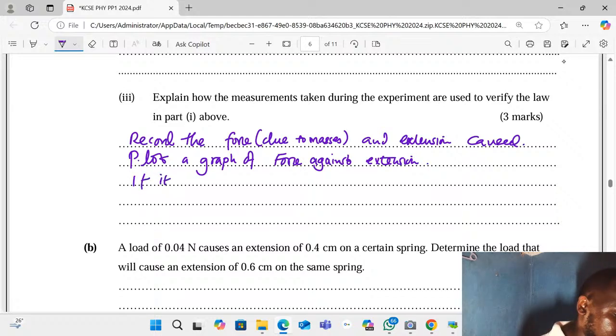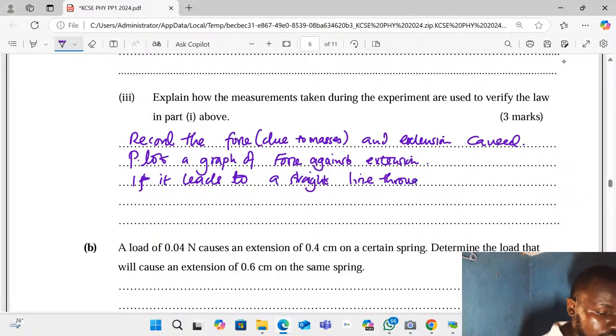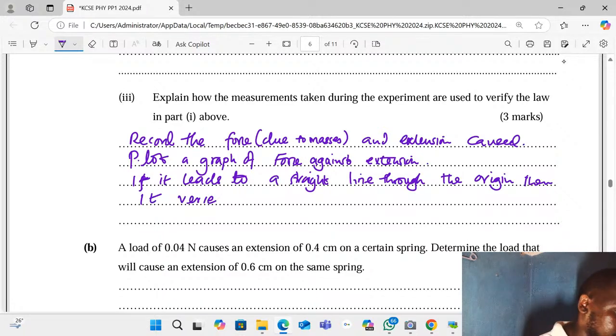If it leads to a straight line through the origin, then it verifies the law.